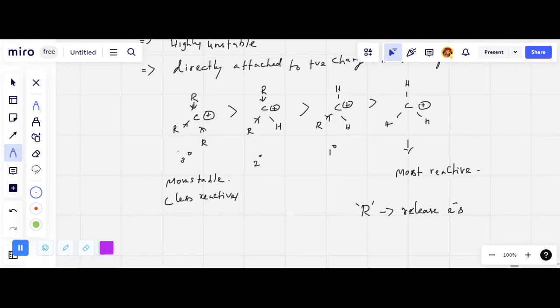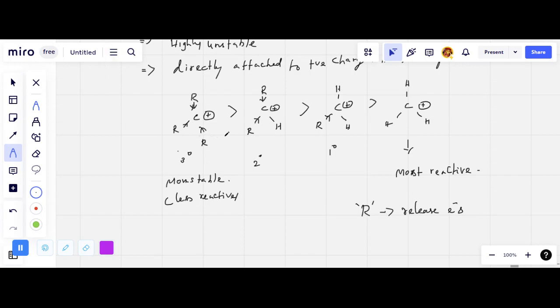So if it releases electrons, which are negative, the already positive carbon gets neutralized. The positive charge of the carbon will be neutralized, and neutralized means it is a stable compound. A neutral compound is a stable one, so this is the most stable.